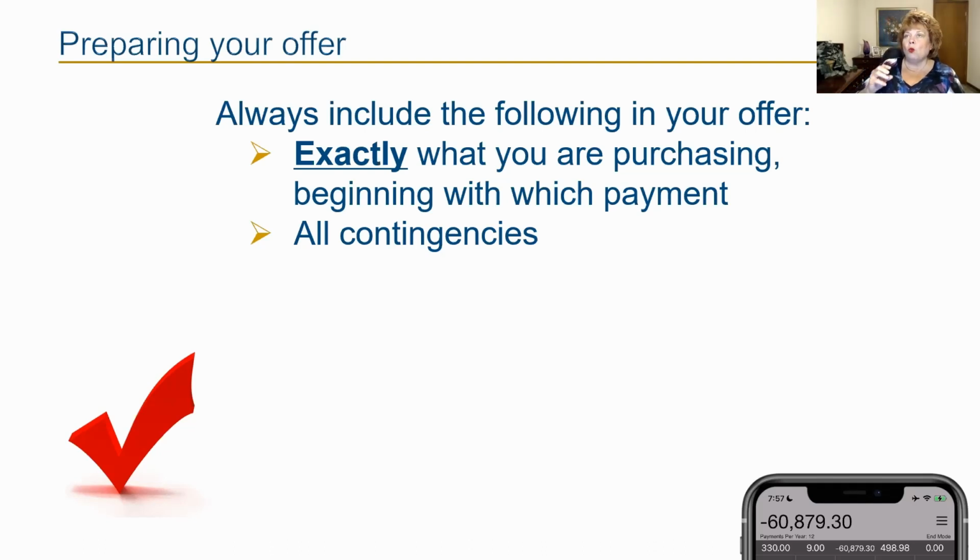You can say, we will buy the entire remaining balance of $72,000 payable in 330 monthly payments of $498.98 each, beginning with the January payment or whatever it is. But you need to clearly define what you're buying.